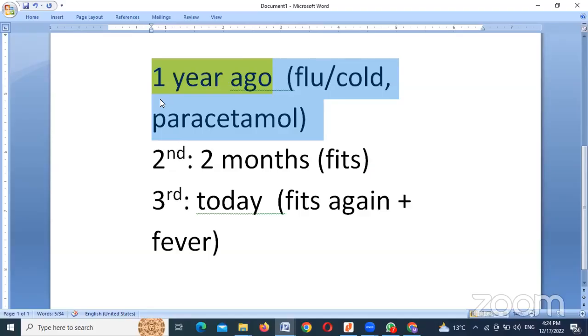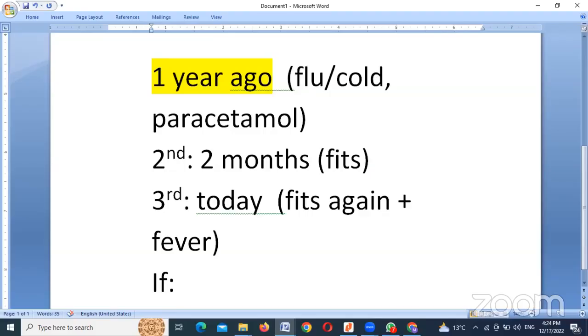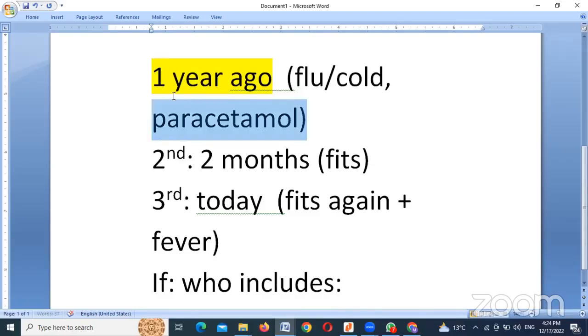Irrelevant, okay? It is irrelevant. Now, if I am an examiner marking a letter of any doctor or nurse who includes this visit, what score will I give?